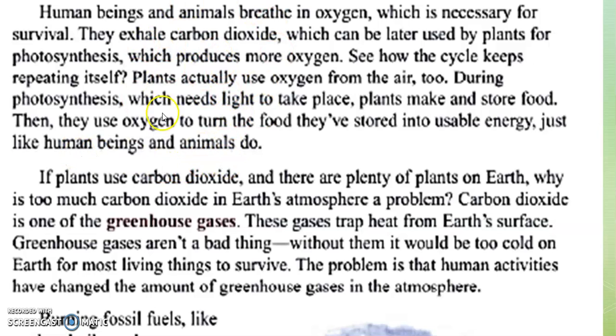So, in conclusion, it's a process. We need plants to survive, and the plants need the carbon dioxide from us, right? If plants use carbon dioxide, and there are plenty of plants on Earth, why is too much carbon dioxide in Earth's atmosphere a problem? Aha, good question.